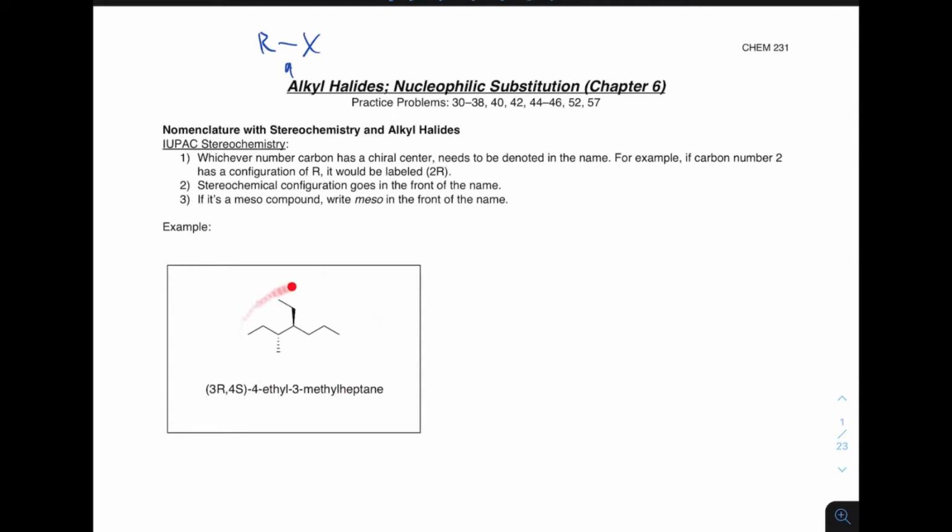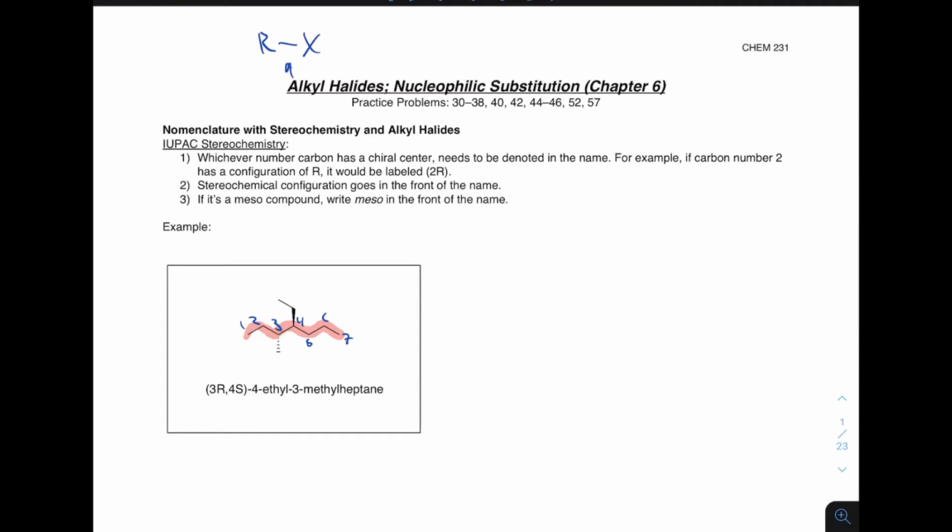So looking at this molecule down here, we can see that we have this 7 carbon chain, and going through our usual naming procedure, we know that carbon number 3 and 4 are the carbons that have these substituents on them, because this is heptane, and we always number starting from the lowest possible position.